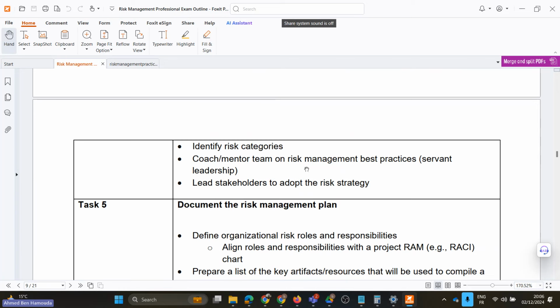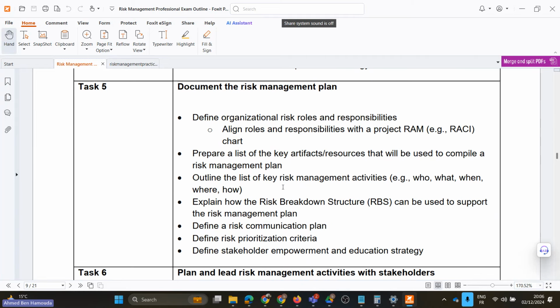For example, the product owner could be responsible for identifying business related risks, or value related risks, or customer related risks, but the technical team, usually they are the ones responsible for identifying technical risks, generally. All right. And how to make sure that both the team and the stakeholders are following the risk strategy set for the project.